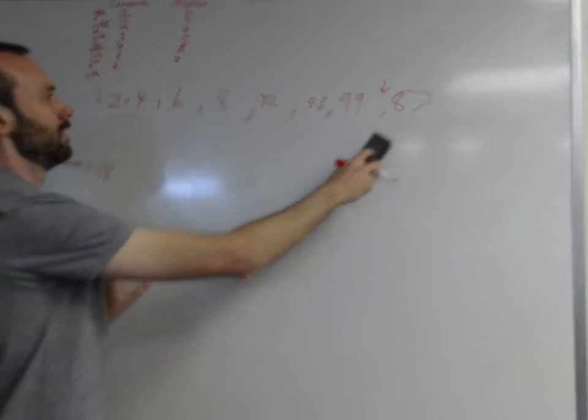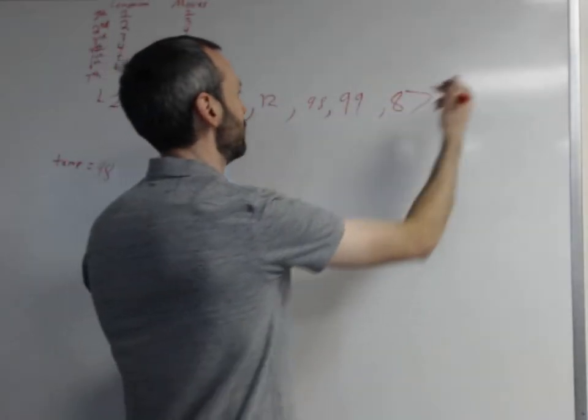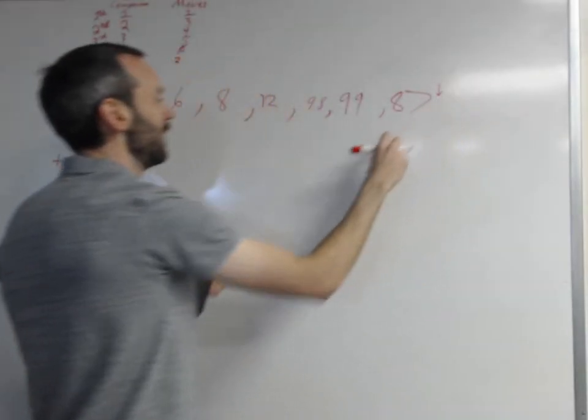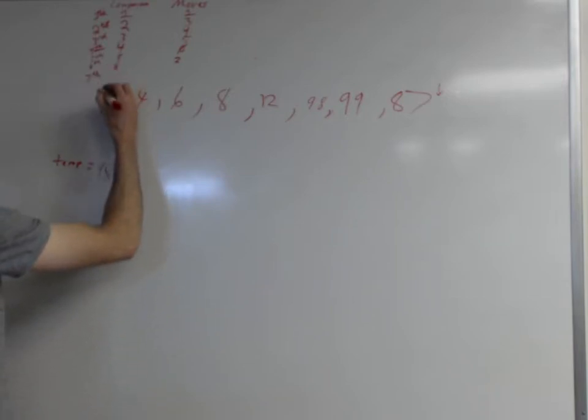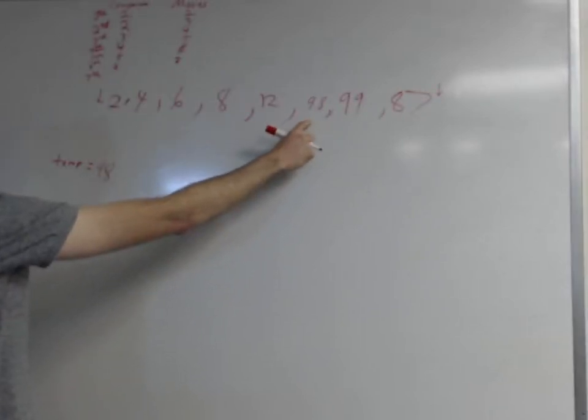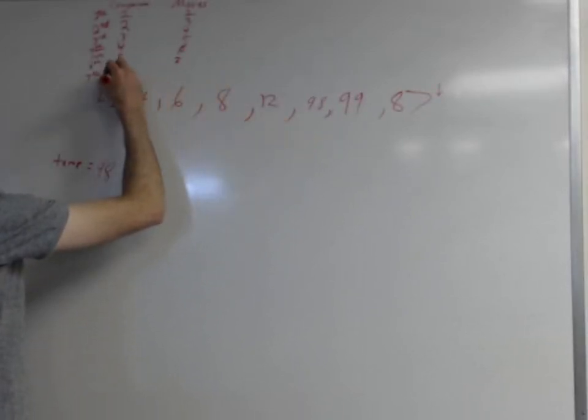All right, 7th one. Let's move an arrow over. Is 87 in the right location? No. How many comparisons do we have to do to find that out? Actually, we only have to do 6 this time, because once we got to 98, we were done.